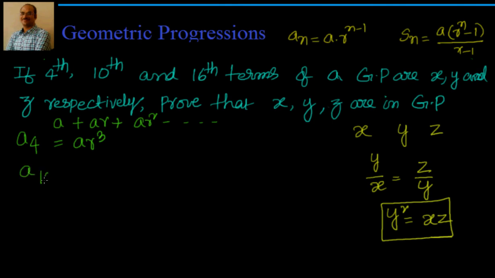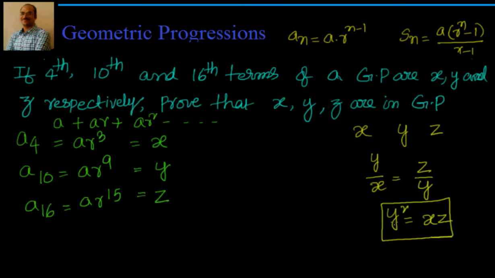Similarly, the tenth term is a into r to the power of 9. Also, the 16th term is a into r to the power of 15. These are nothing but x, y and z.